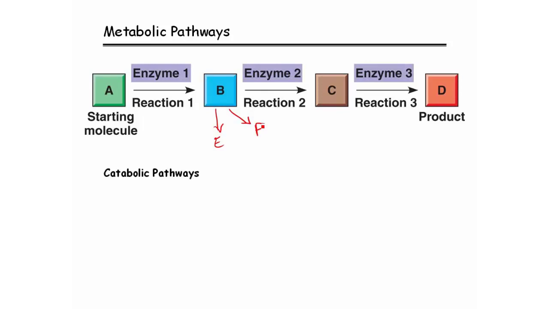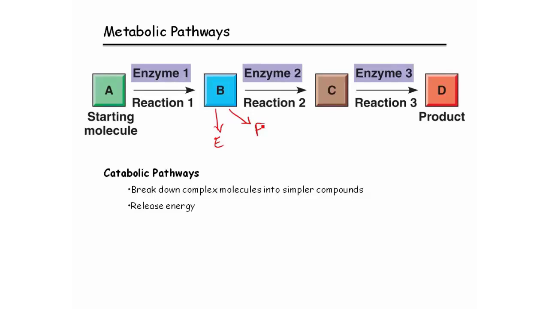Now, if we talk about different types of reactions, we mentioned catabolic and anabolic pathways on the very first slide, and these are basically opposites of each other. A catabolic pathway is defined as a pathway that breaks down complex molecules into simpler compounds.